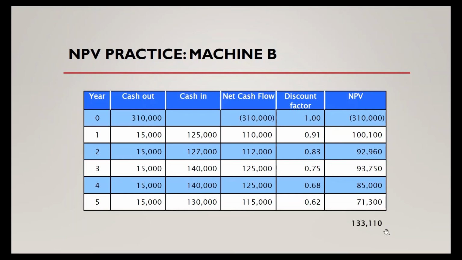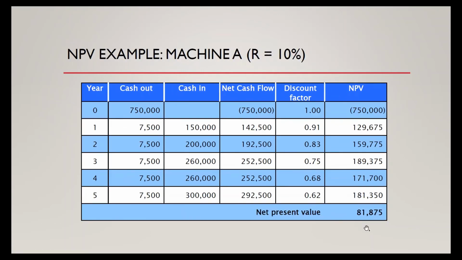Compare the net present value of machine B, which is 133.11 thousand, with the net present value of machine A. In this slide, you will see that machine A has a net present value of 81.875 thousand.